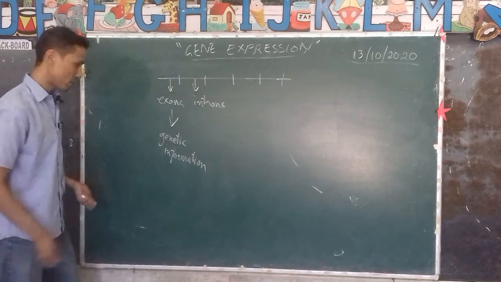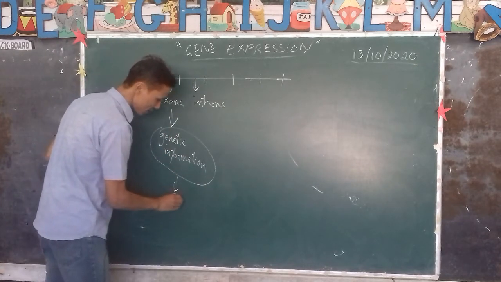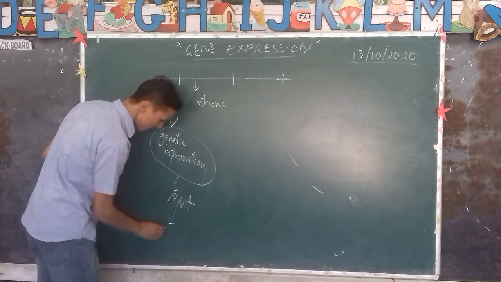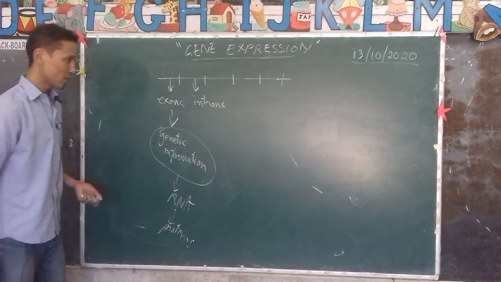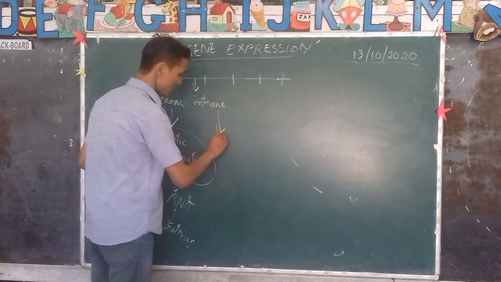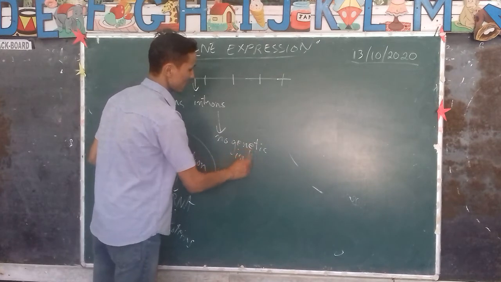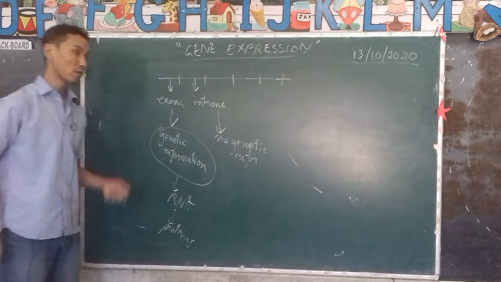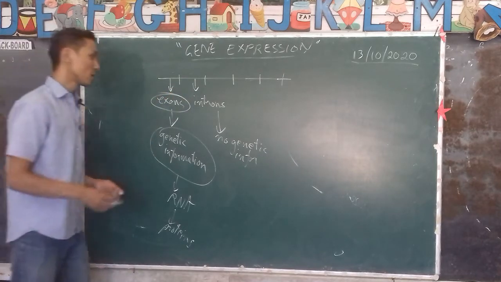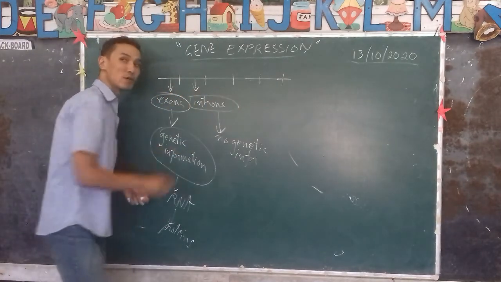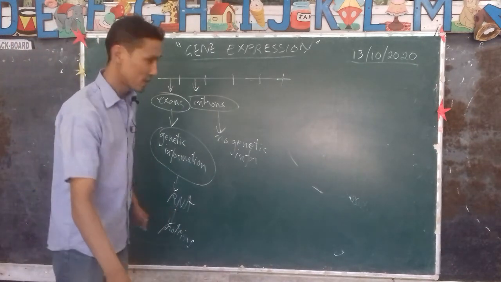That means this genetic information is utilized to produce RNA, and then finally proteins. But introns do not contain any genetic information. So within a segment of DNA, only exons are the ones which are utilized or necessary for information. Introns are not that necessary.